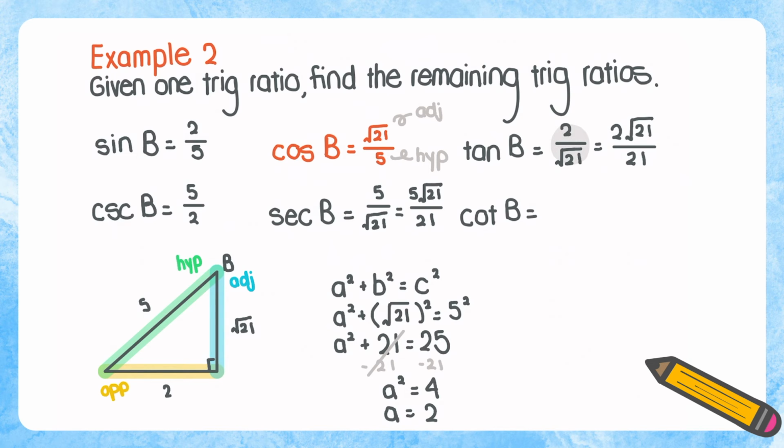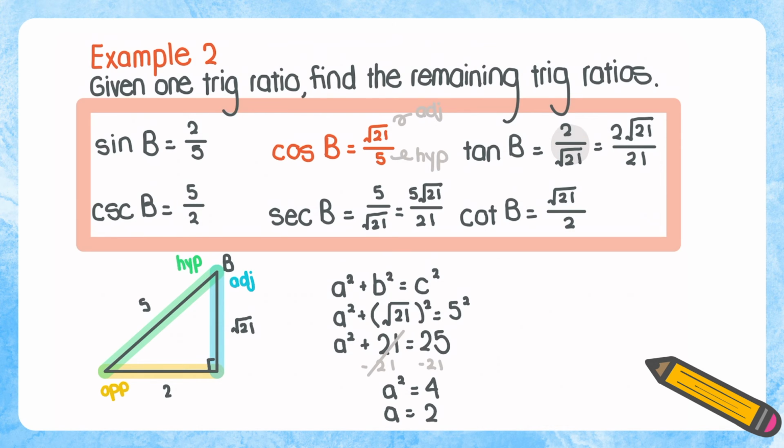And let's just focus on this one. The reciprocal is simply radical 21 over 2. So we were able to find the 5 remaining trig ratios when given cosine of b. Whenever you see radicals, make sure you're rationalizing the denominator when needed.